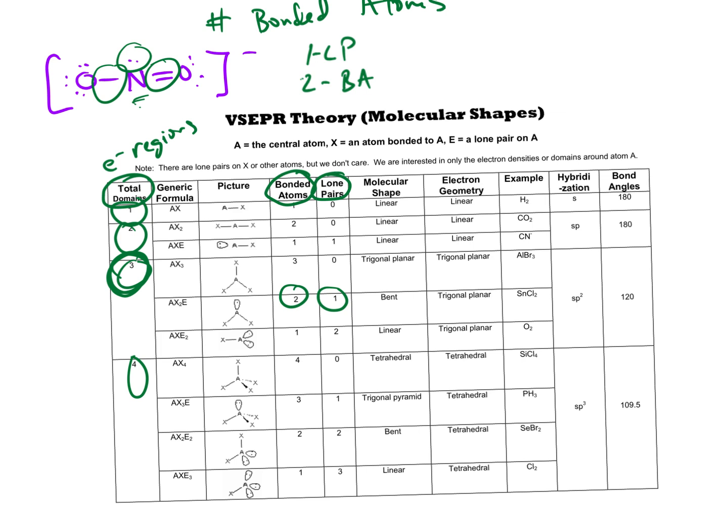So what does this look like? The electron geometry, and you'll be asked to determine that as well, versus the molecular geometry. It kind of shows you a picture right here. That's what it looks like. What the heck is this?